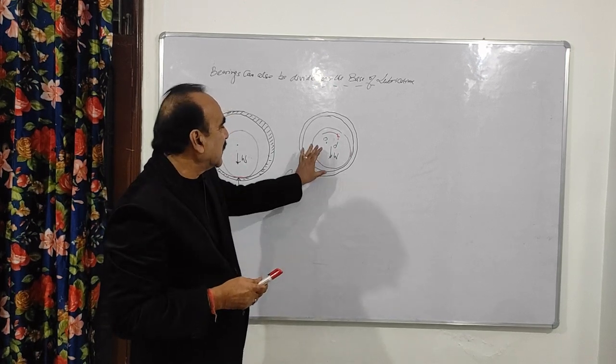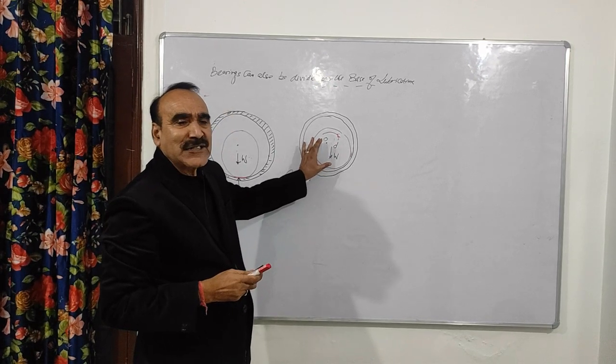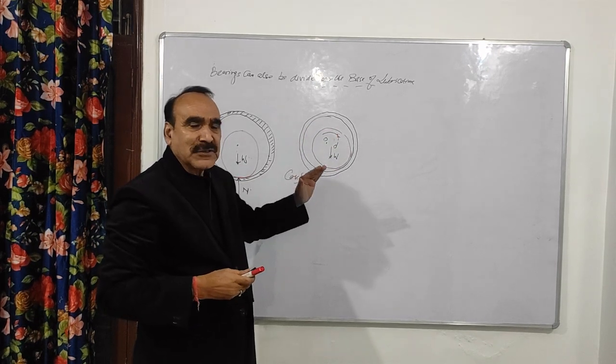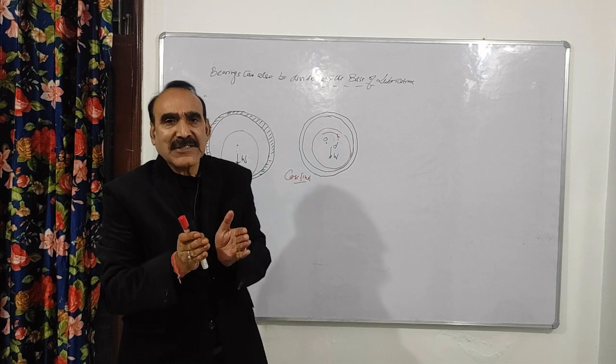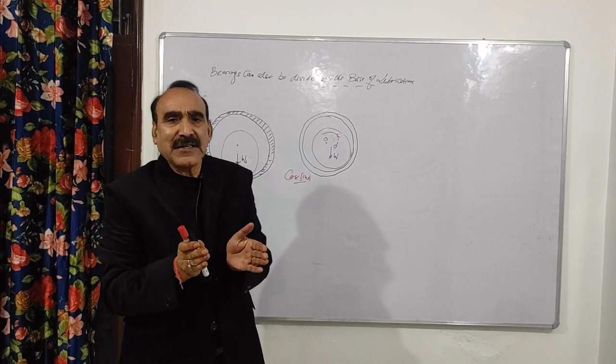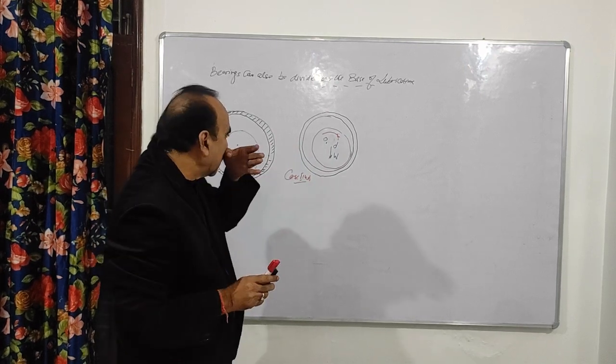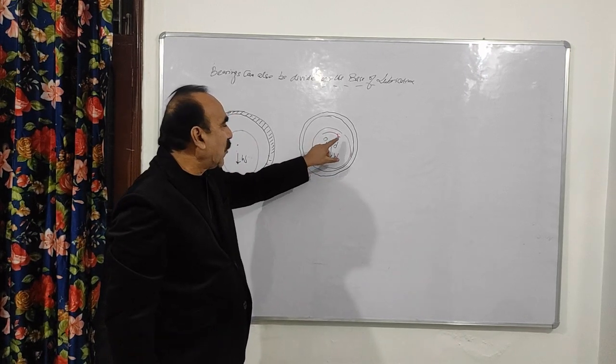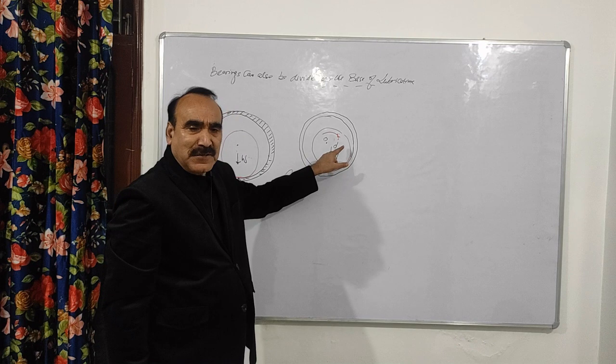In this case, it will take a few seconds to reach its full operative speed. During this period, if I say the period is 5 seconds or 7 seconds like this, it is not at the operative speed.